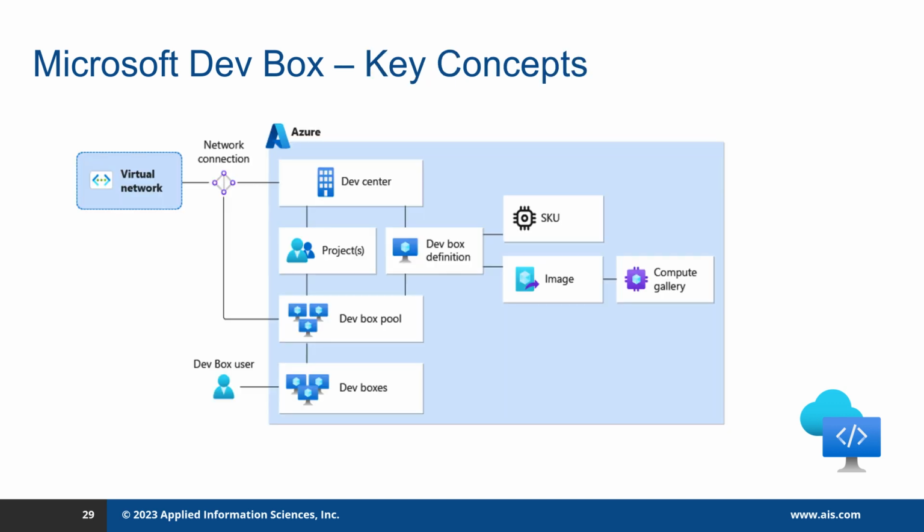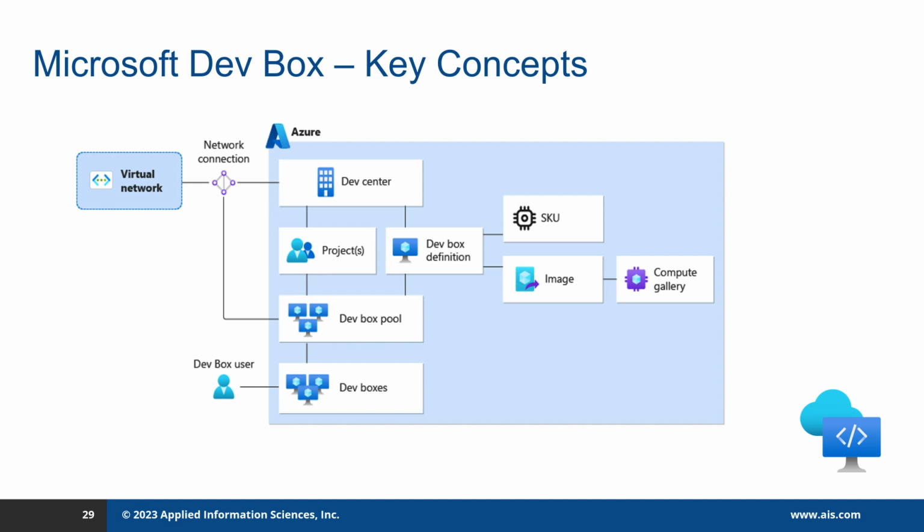So at a high level, when you set up DevBox, you set up your Dev Center. Then you connect your Dev Center to your virtual networks that you want to utilize. Then you set up your DevBox definitions, which entails essentially defining your SKUs, your images, and then if you're going to utilize any compute gallery images as a part of that process, or you can utilize the default images that are provided.